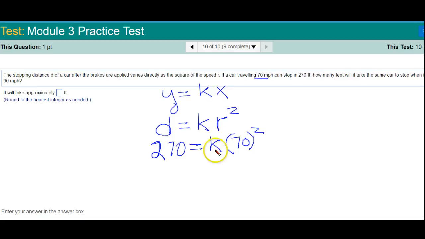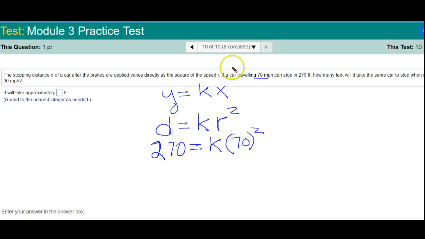Again, you have to find out what K is first. So you solve for K, and then the next time you're going to put your value for K and your rate 90 that you're going to square, and then you're going to get your new stopping distance.